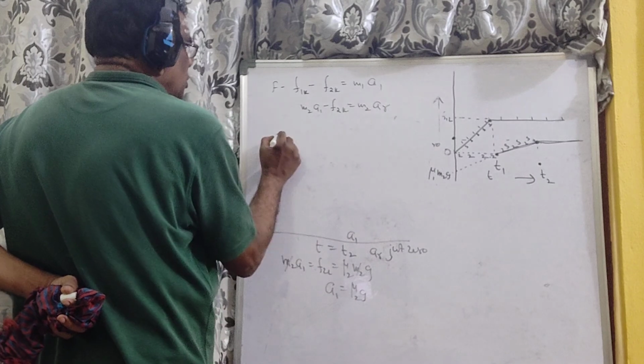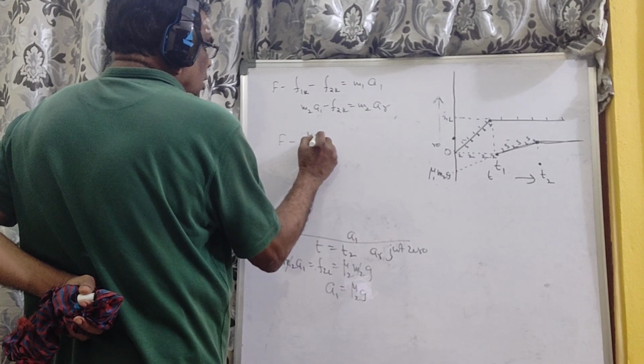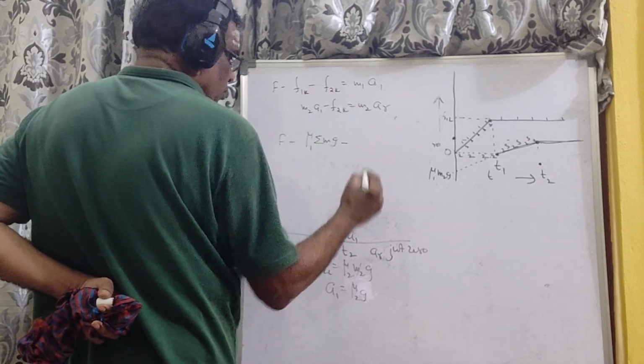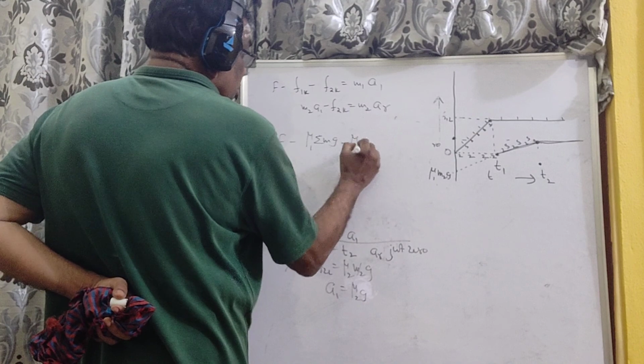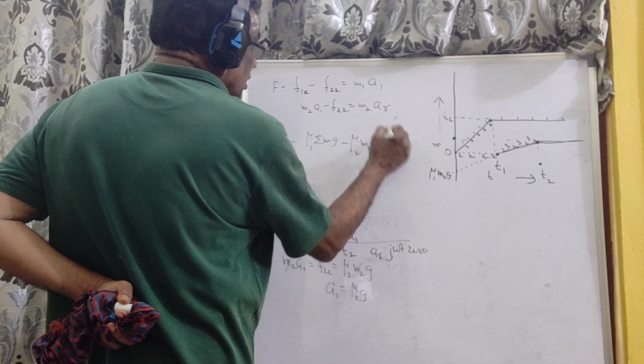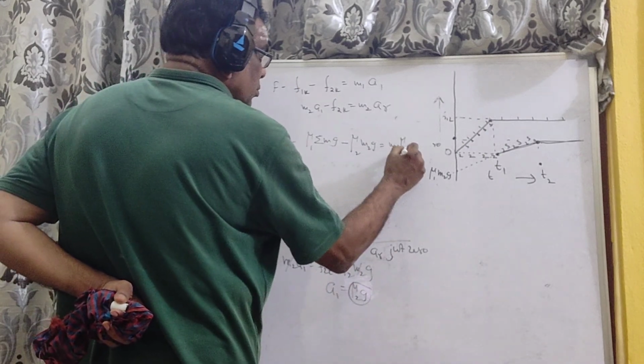Then I can substitute in this. A1 is mu2G, F minus mu1 times the sum of masses, M1 plus M2, into G, minus F2L, that is mu2 M2G, and this is M1 into A1, which is mu2G.